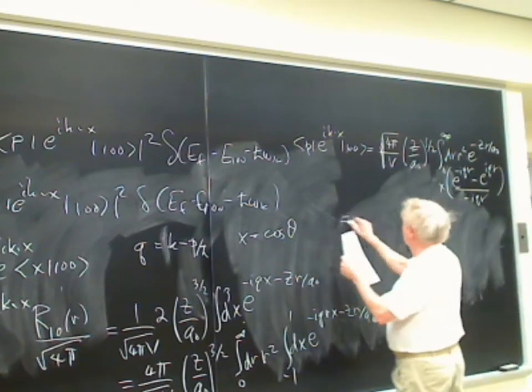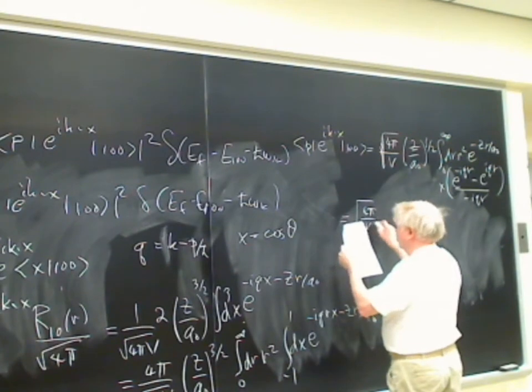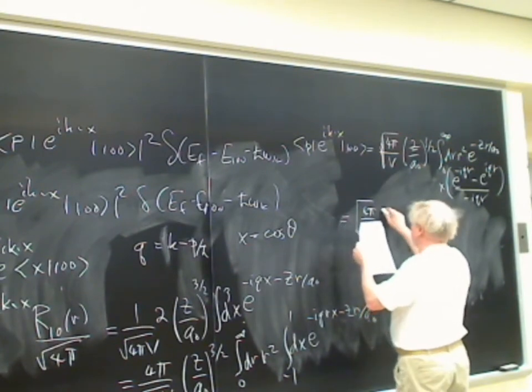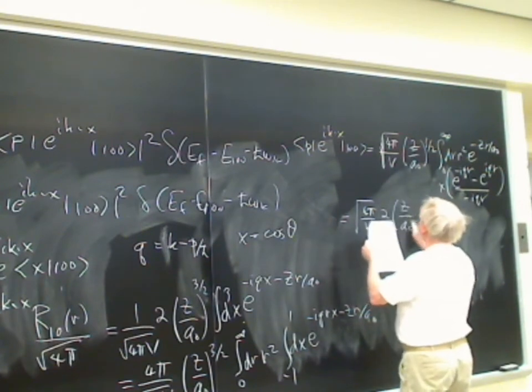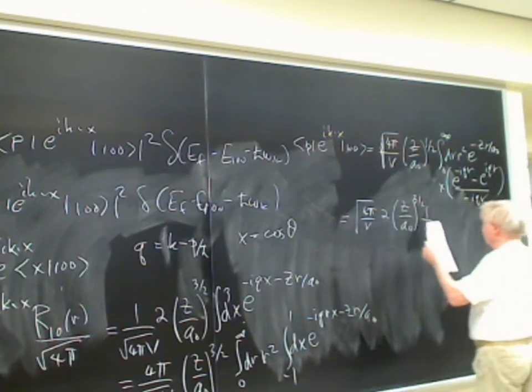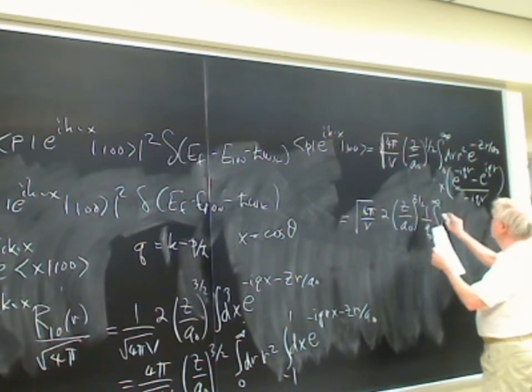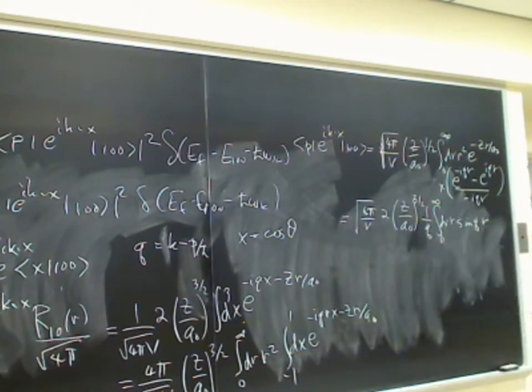And so altogether this is square root of 4 pi over v, 2 Z over A0 to the 3 halves, 1 over q, integral 0 to infinity dr r sine qr. So the 2 came from putting the 2 down here and making that into a sine. And of course, e to the minus ZR over A0.